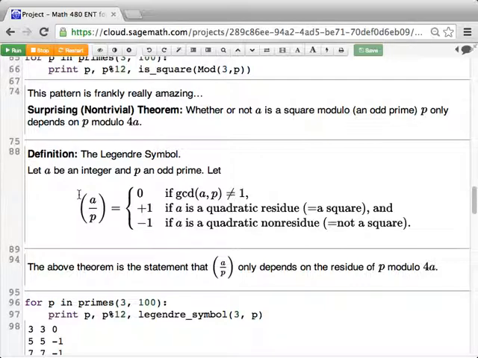So what you can do is, using the cyclic structure, you can decide whether or not a number is a perfect square by simply raising it to the power of P minus 1 over 2.